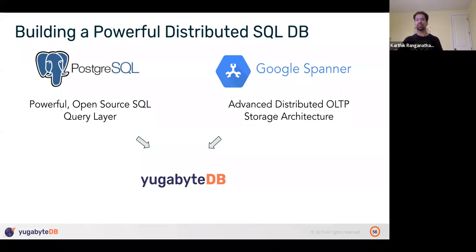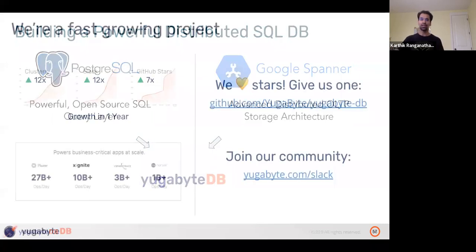And Google's Spanner was one of the most advanced distributed OLTP storage architectures. So we said, let's marry the two and build an equally open source database in Yugabyte. So would really encourage you folks to check it out.